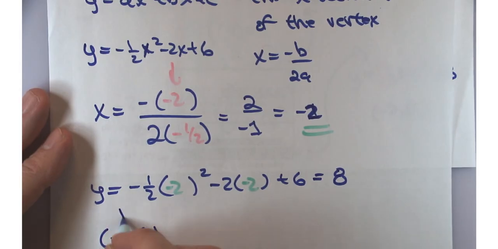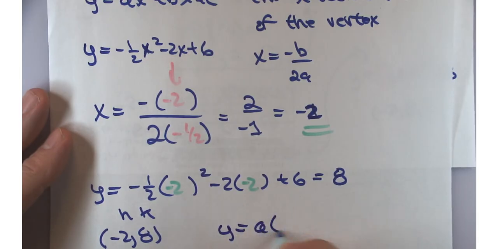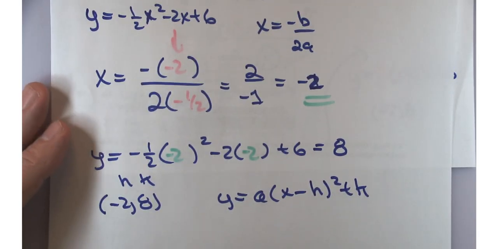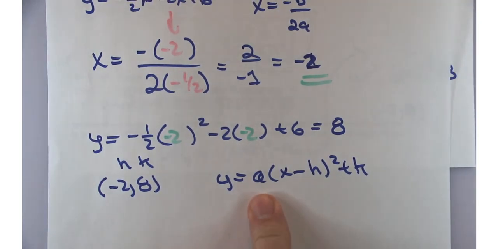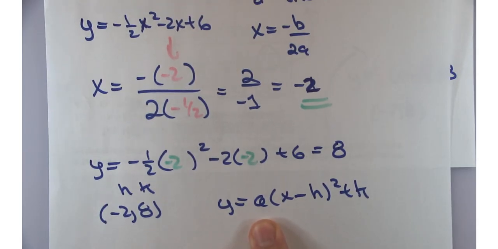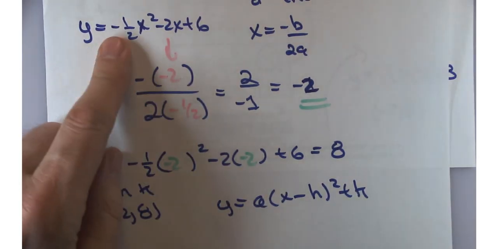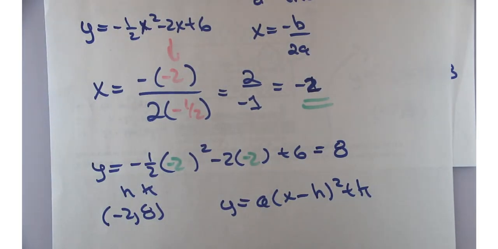That's your h and k in the formula y equals a times (x minus h) squared plus k. Where am I going to get my a? Alex? Negative 1/2. Yeah, it's just negative 1/2, right? That a is already there.